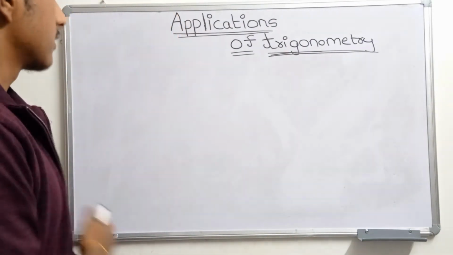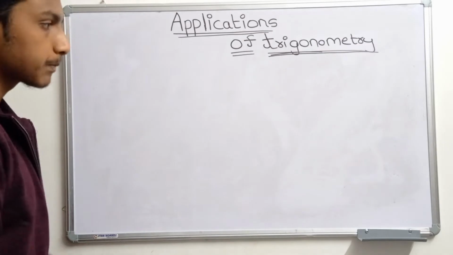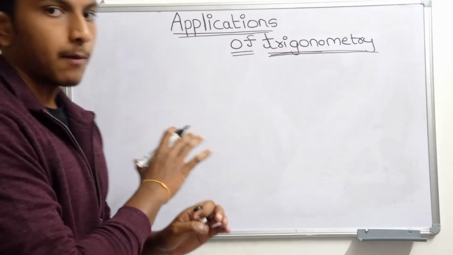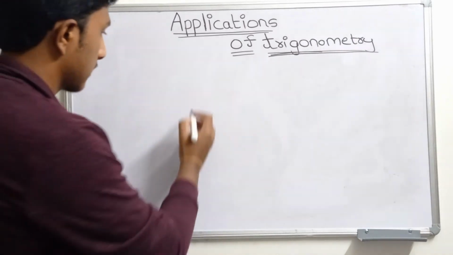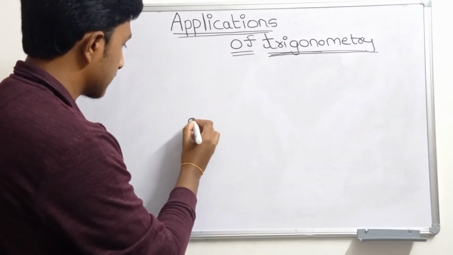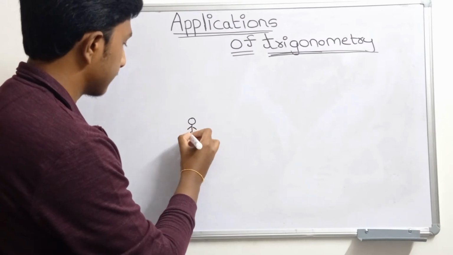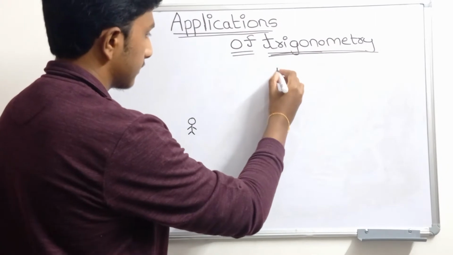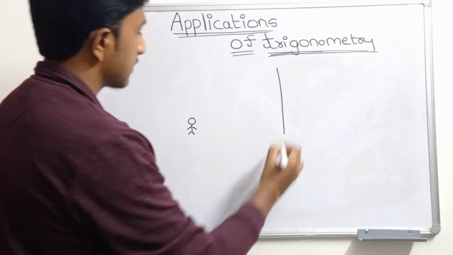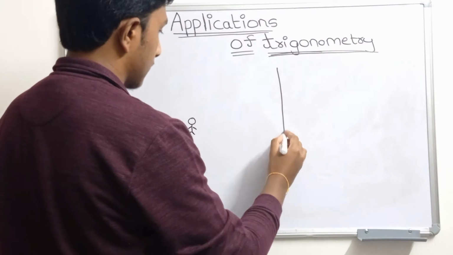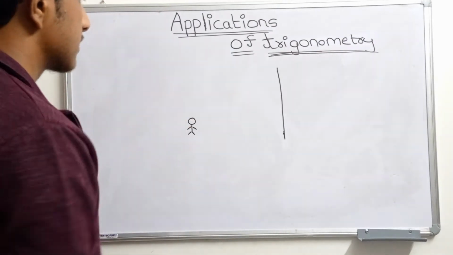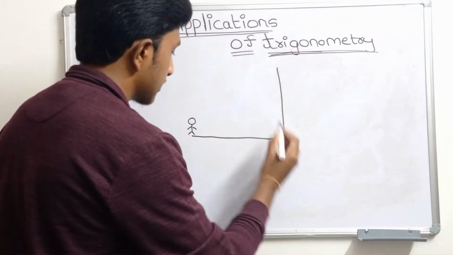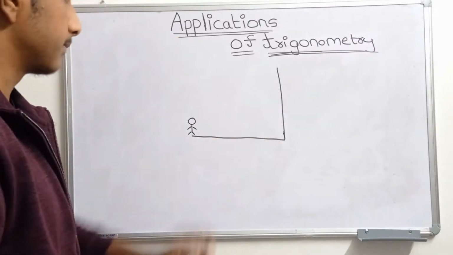Applications of trigonometry. Now we'll see the synopsis. First, I'll explain the complete synopsis with a small diagram. Consider a man is here, and this is the pillar, and this is the distance between the man and the pillar.